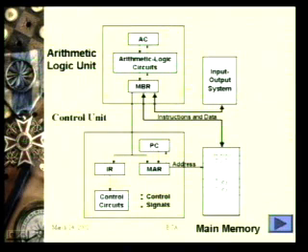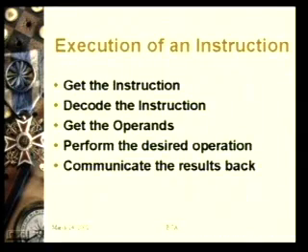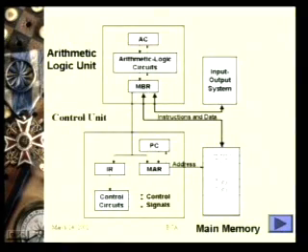As soon as the information reaches the instruction register, we say the instruction has now been fetched, or the first step has been completed. The next step will be to decode the instruction. Now where exactly is the decoding going to take place? The control circuits are going to decode the instruction.